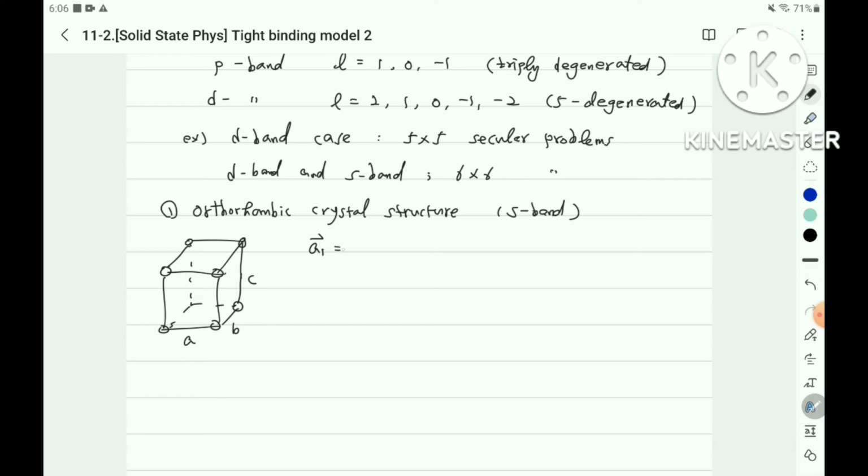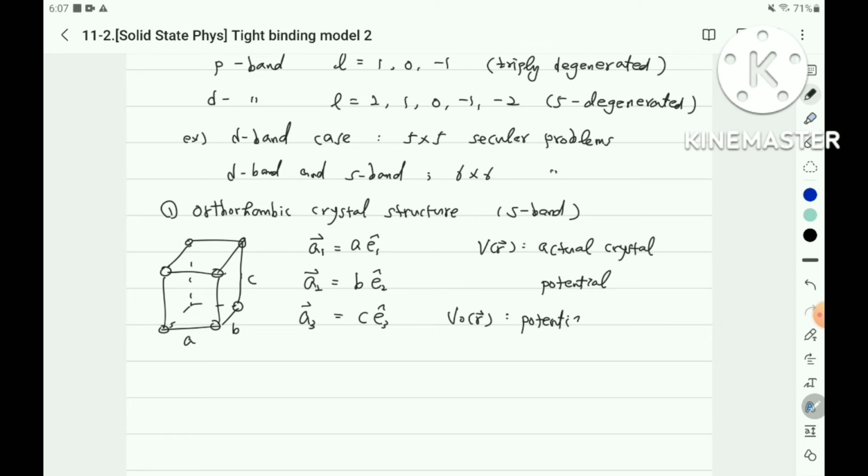And a1 is a e1, a2 is b e2, and a3 is c e3. Here V(r) is the actual crystal potential, and V0(r) is the potential of the isolated atom.